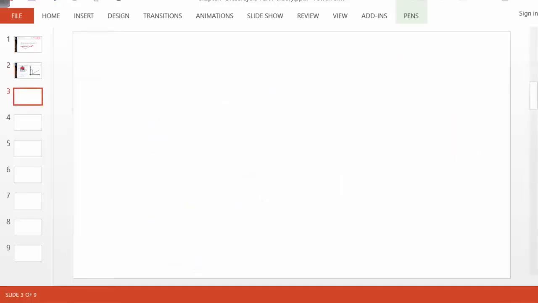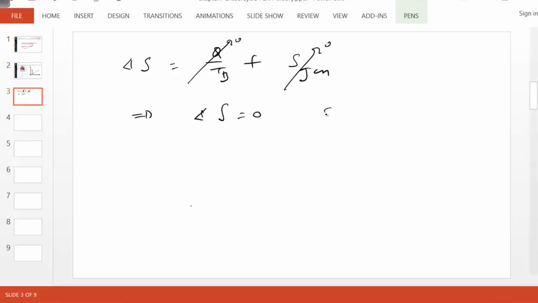As you recall from our Otto cycle discussion, the entropy equation for a process is this, and if there is no heat transfer, no friction, this reduces to delta S equals 0, or mass times S2 minus S1 equals 0, which tells us that S1 must equal S2.